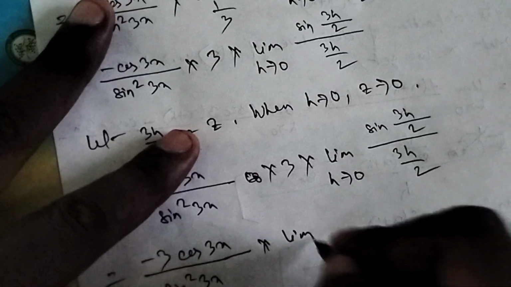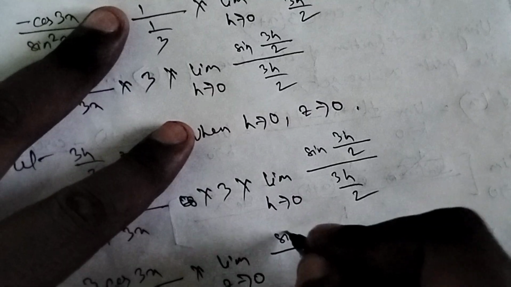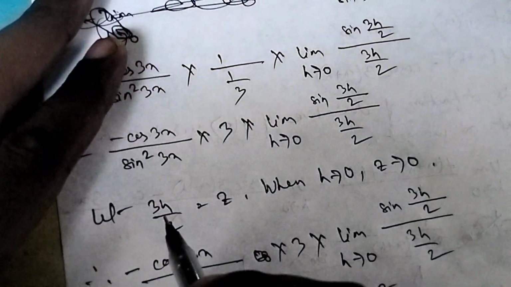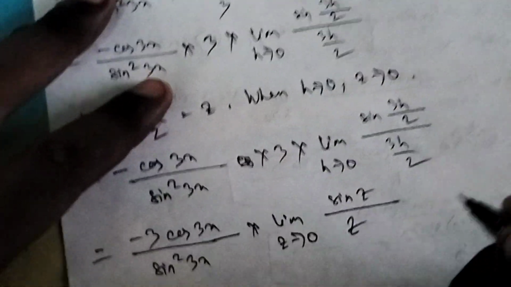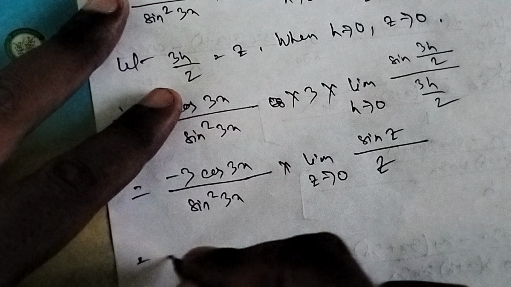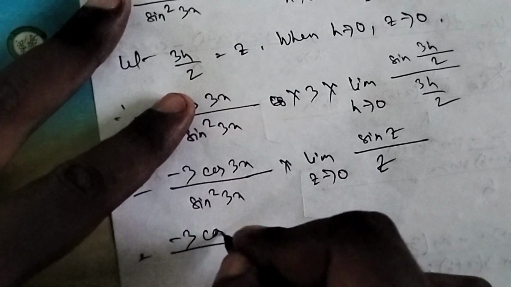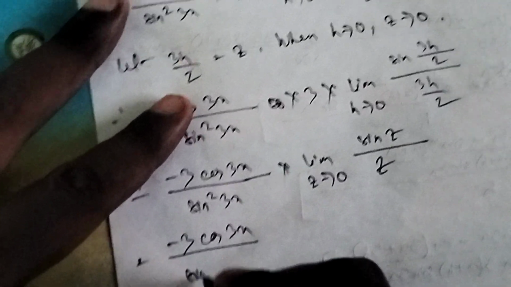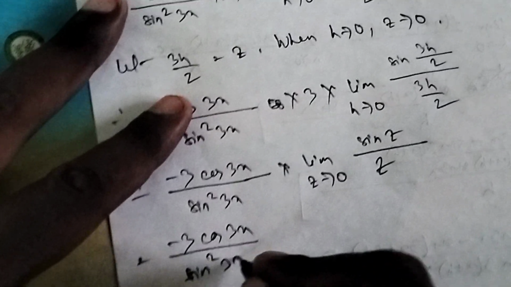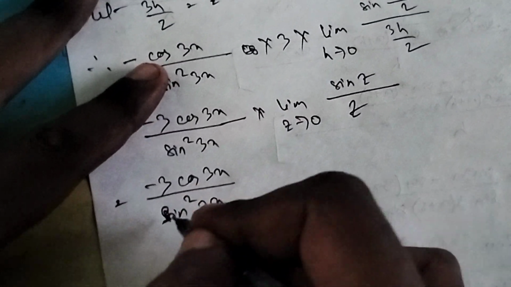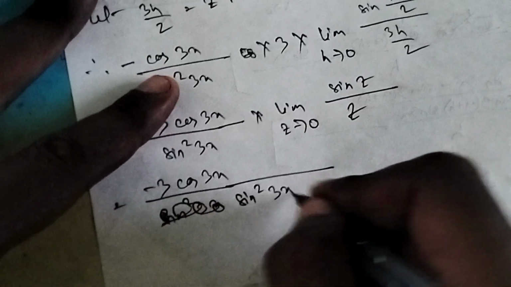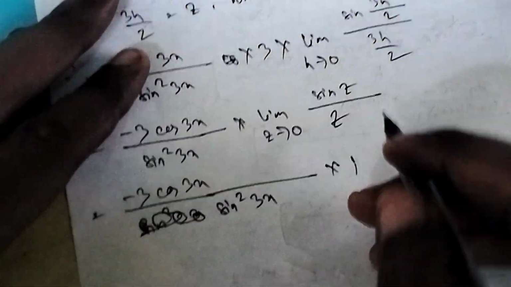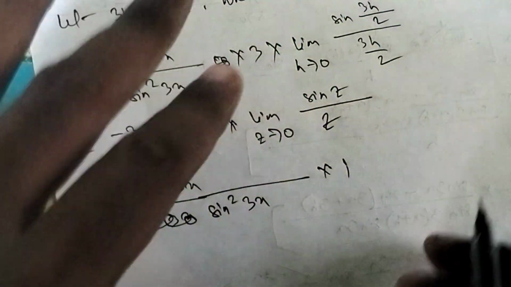into limit z tends to 0 sine z by z, as we have assumed 3h by 2 to be z. So it would be minus 3 cos 3x by sine squared 3x into 1, since limit z tends to 0 of sine z by z is equal to 1.